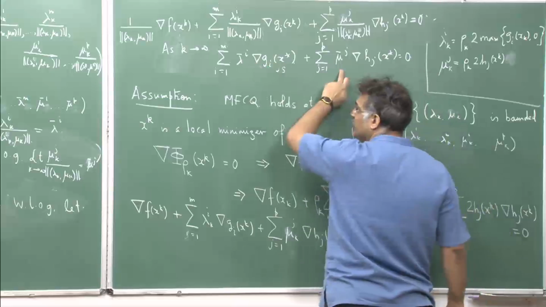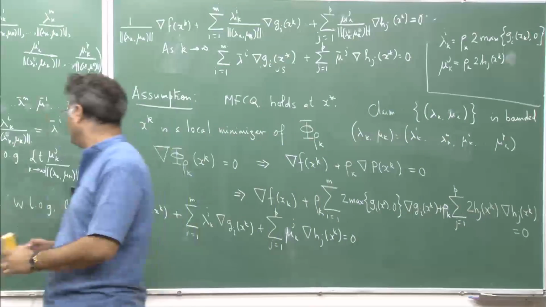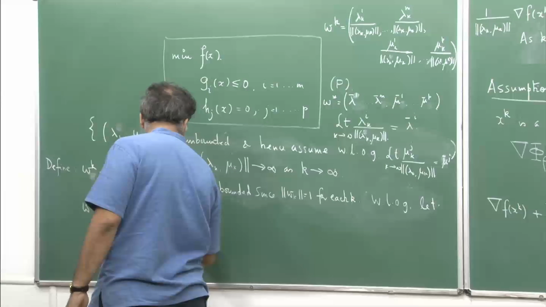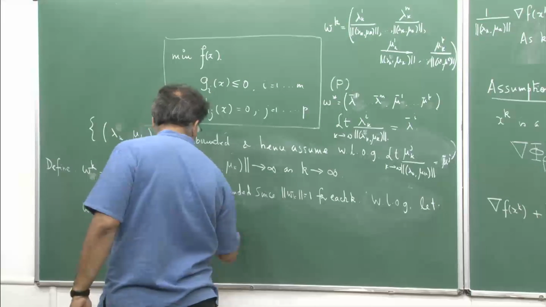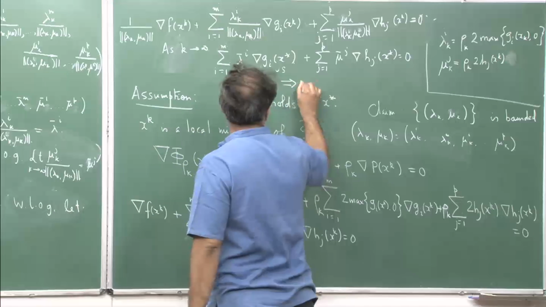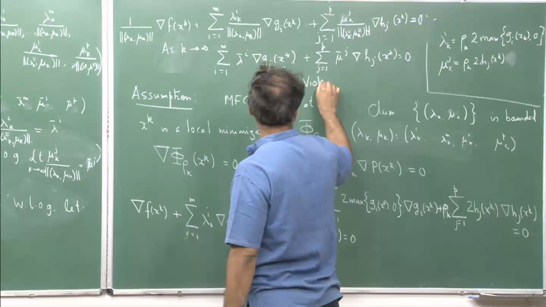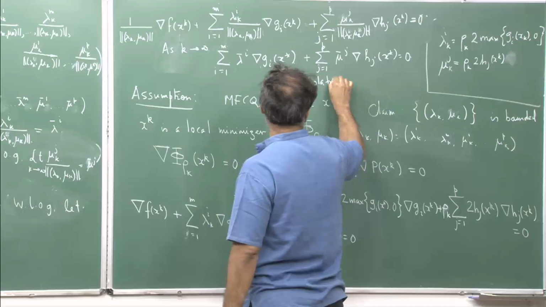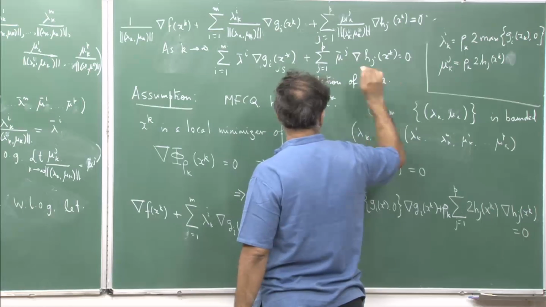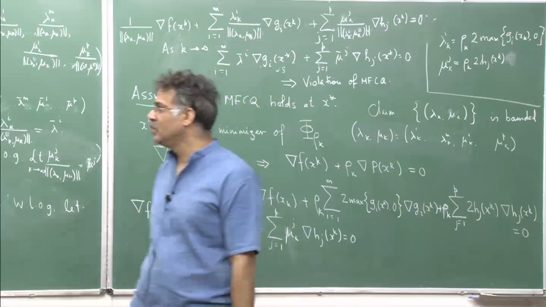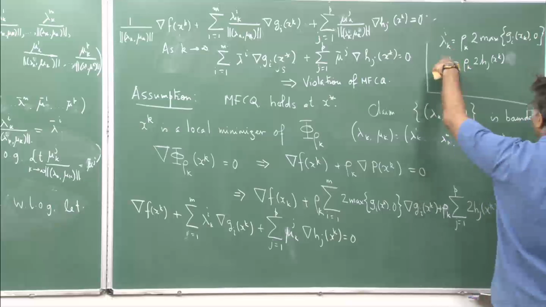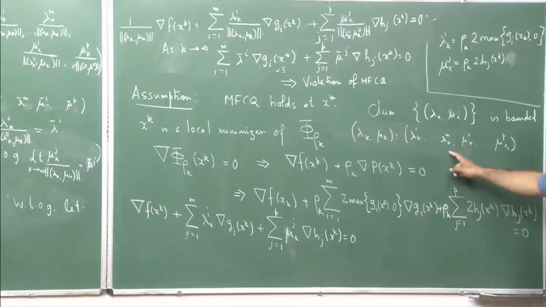Here we must have at least one of them non-zero, because w star is of norm 1, that is, w star is a non-zero vector. So, this implies violation of MFCQ, which means that this sequence is a bounded sequence.